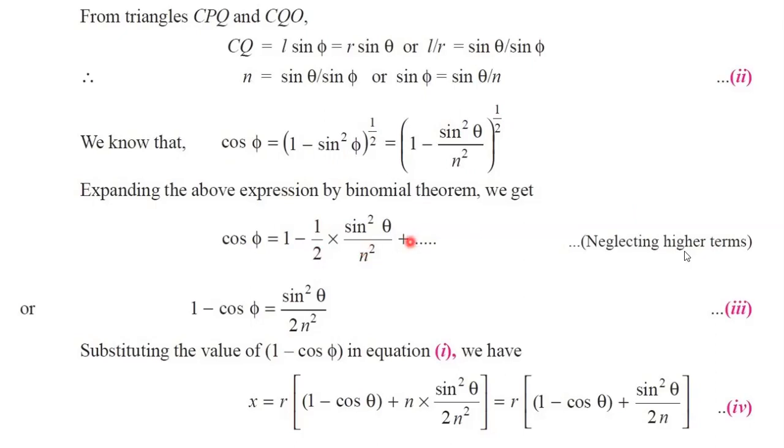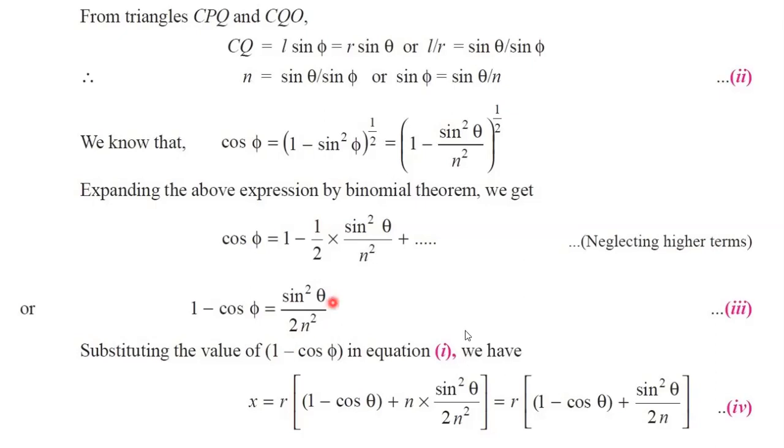We can neglect the higher terms. Bring cos phi to the right hand side and 1 to the other side, so 1 minus cos phi is equal to sin square theta by 2n square.